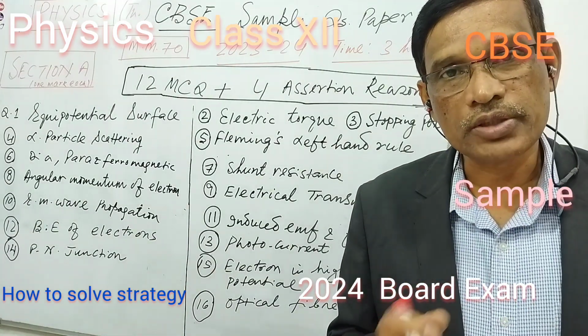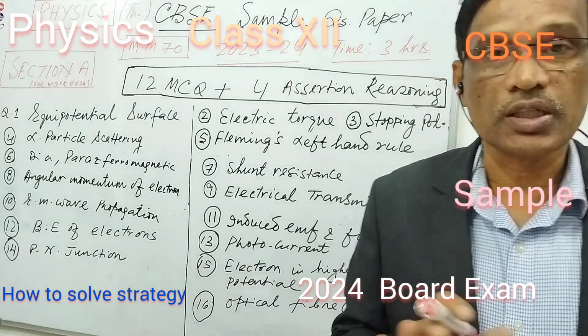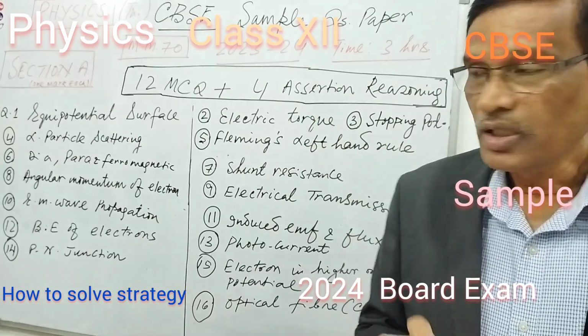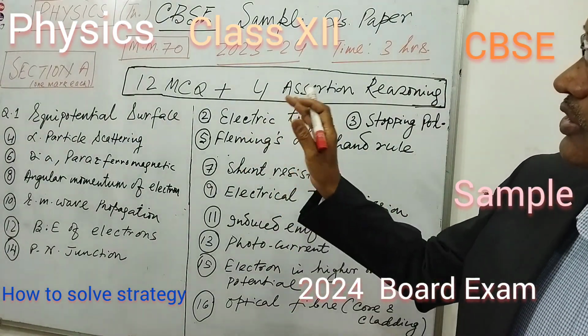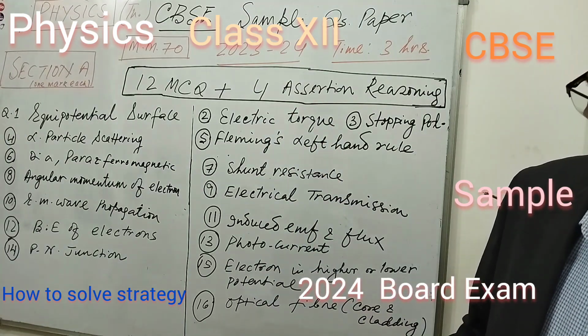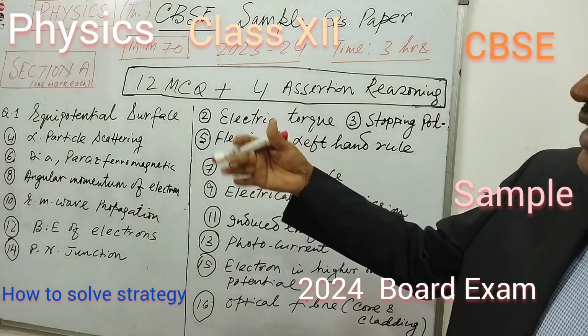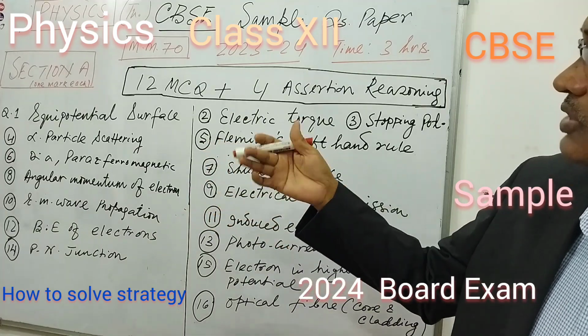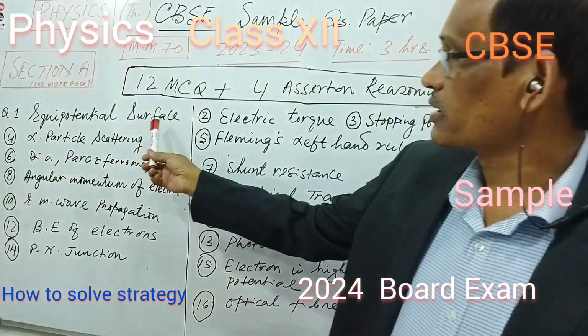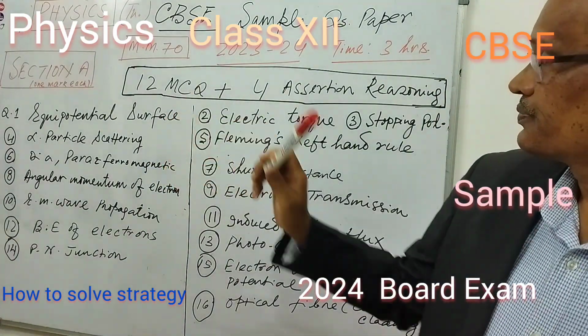Take out your book and notes and recapitulate thoroughly, so that equipotential surfaces and their properties are thoroughly understood by you all. Choices will be given, you will find it easily, but do the preparation accordingly on equipotential surface.